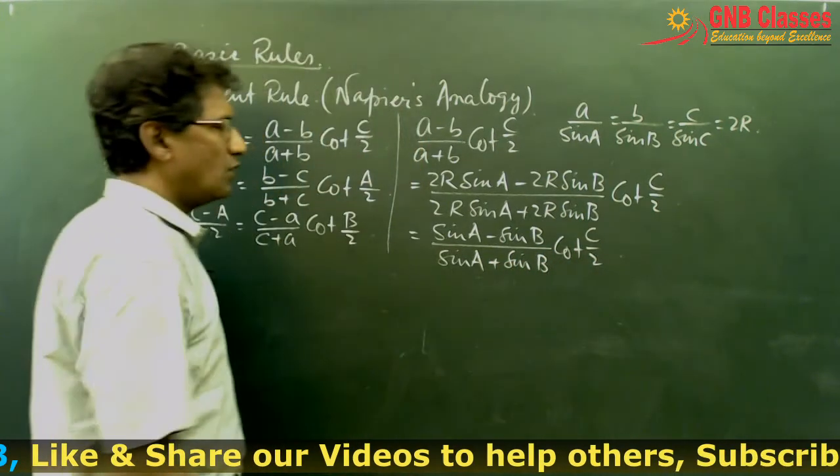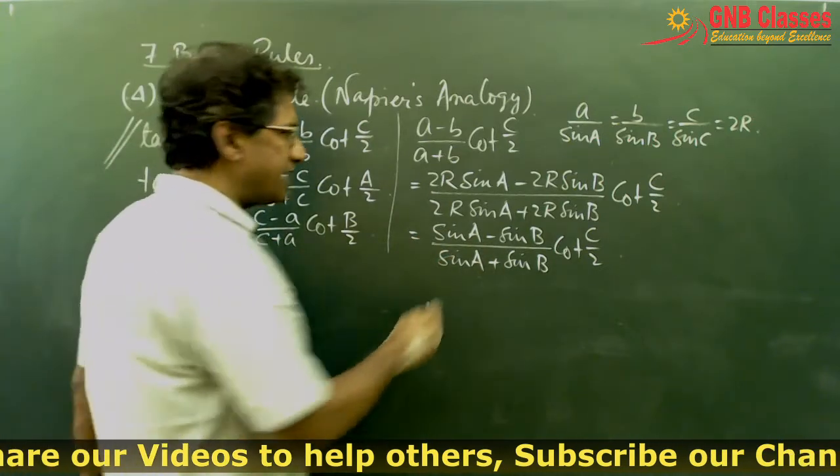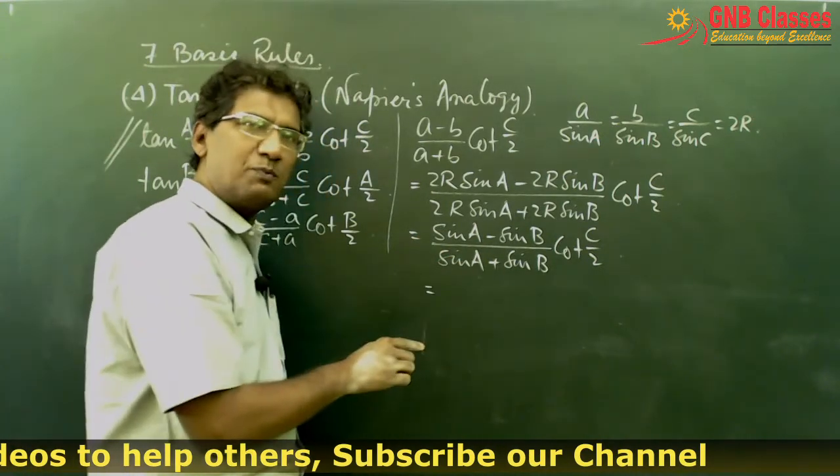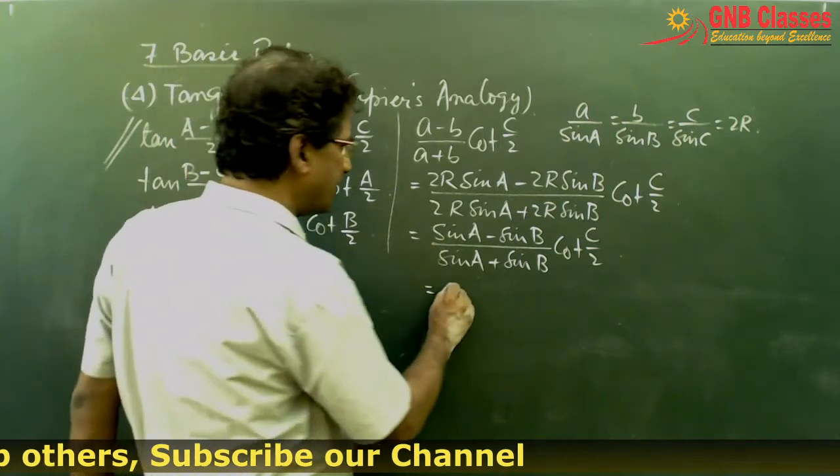Times cot C/2. Okay, now I'm applying the sine C minus sine D formula in the numerator and the sine C plus sine D formula in the denominator.